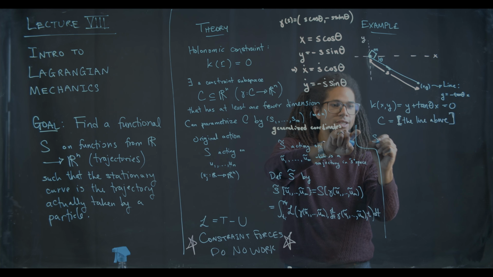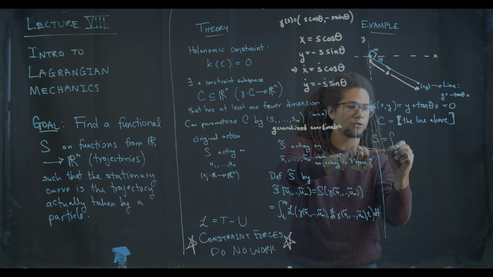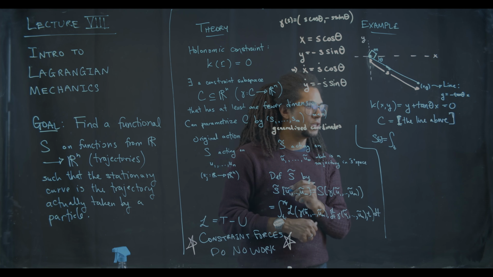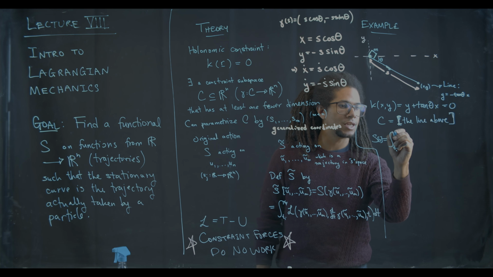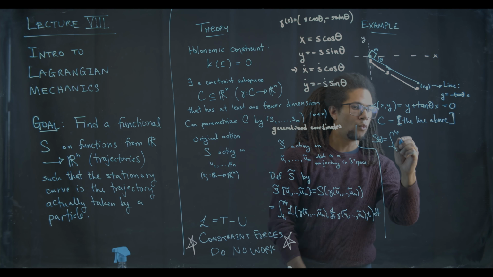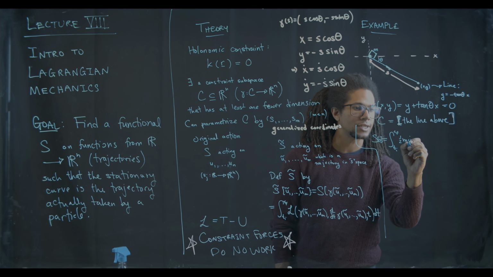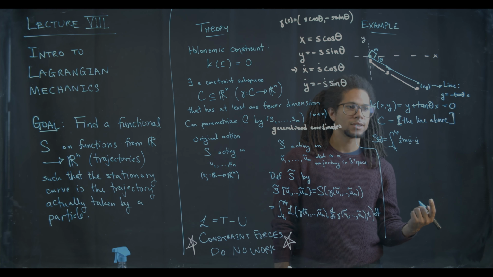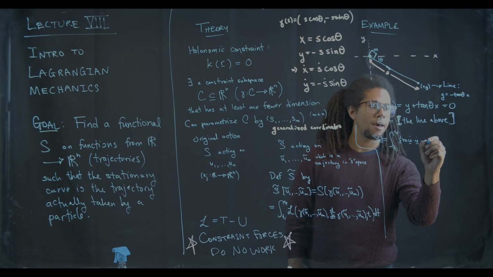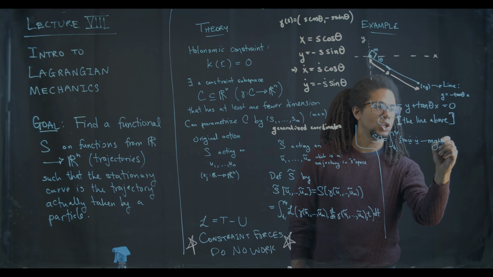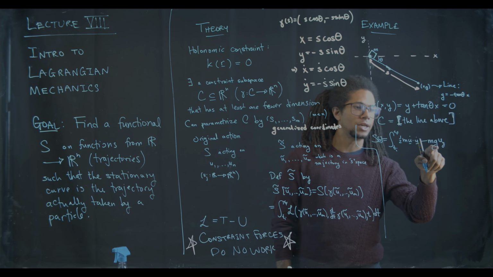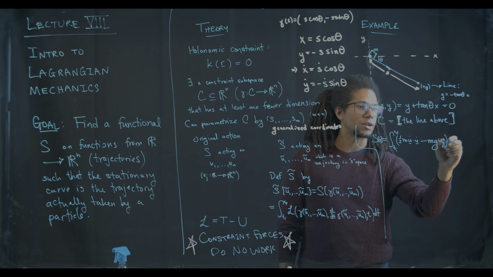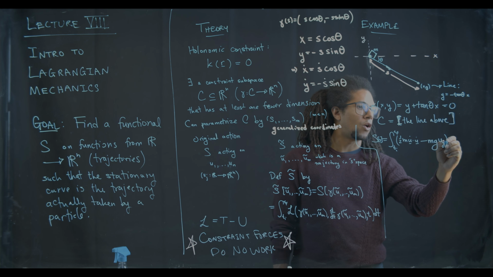So S of u for this system, where u is a 2D vector, is the integral from Ti to Tf of 1/2 m u dot u dot, and then minus m g u y, because mgy in general is our potential energy. And we stick the minus sign there always in the Lagrangian.